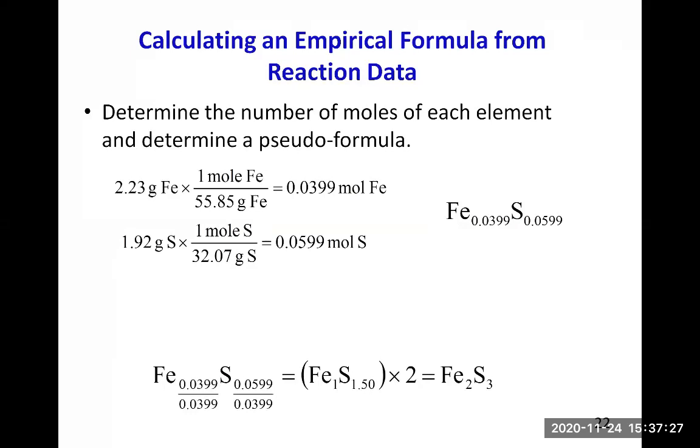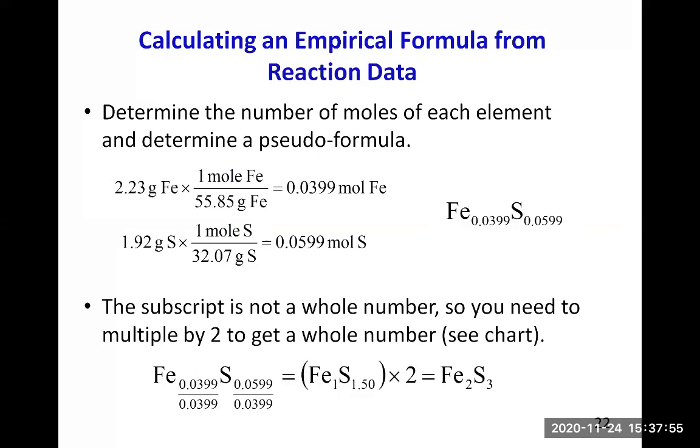The empirical formula should have whole numbers. So the 1.5 here is a problem, and we need to multiply this formula by 2 to get rid of the 1.5, because by multiplying by 2, the 1.5 will be a 3, the smallest whole number that comes after 1.5. That changes the formula to Fe2S3.